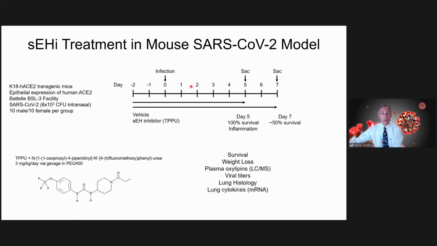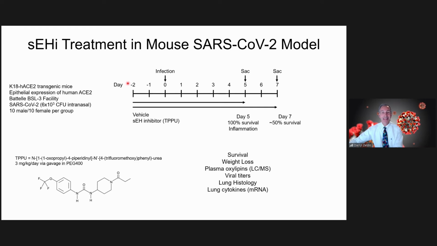So we infected the K18 human ACE2 transgenic mice with 6 times 10 to the 3 colony-forming units of SARS-CoV-2 intranasally in a BSL-3 facility at Battelle. And we treated mice with either a vehicle or with the SEH inhibitor TPPU beginning 2 days prior to infection.